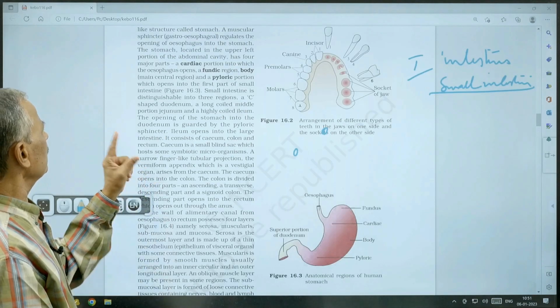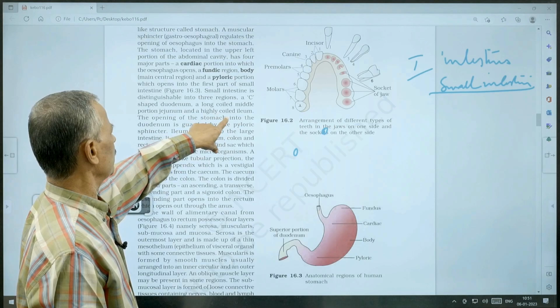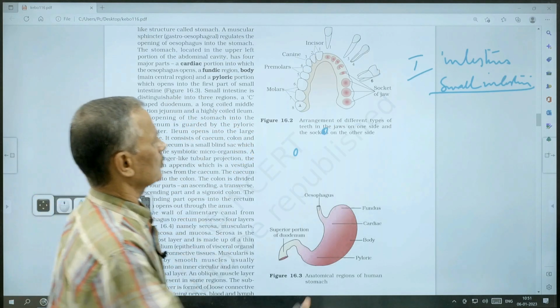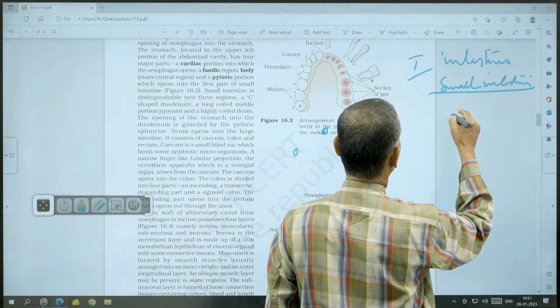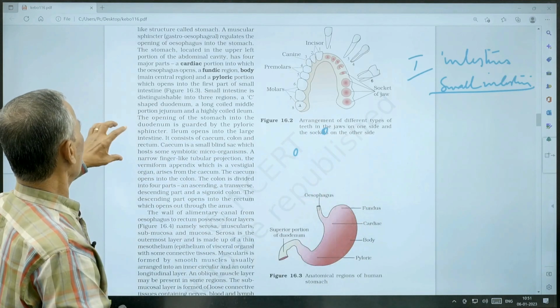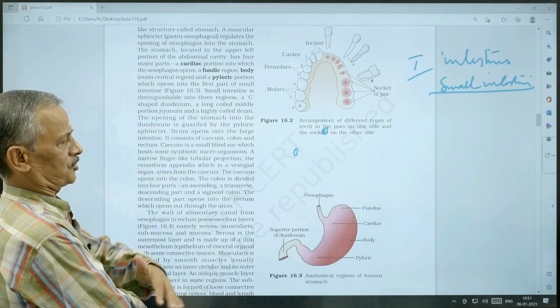And the third and the last part is the highly coiled and the most elongated part called ileum. So, this part consists of a duodenum, a jejunum, and ileum. That ileum will be leading to the large intestine.